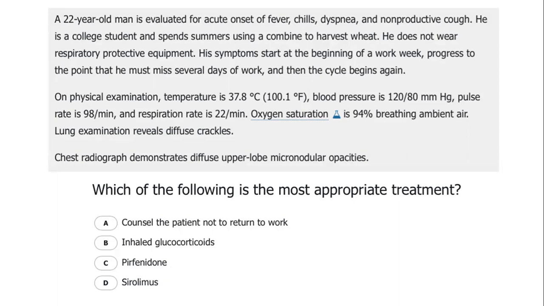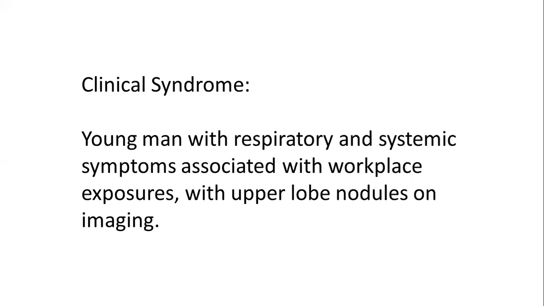Harvesting wheat. Okay, with wheat exposure, and then with an abnormal chest X-ray, right? And that pattern of the symptoms beginning at the beginning of the work week is very associated with his work. So I call this a young man with respiratory and systemic symptoms associated with workplace exposures with upper lobe nodules on imaging.